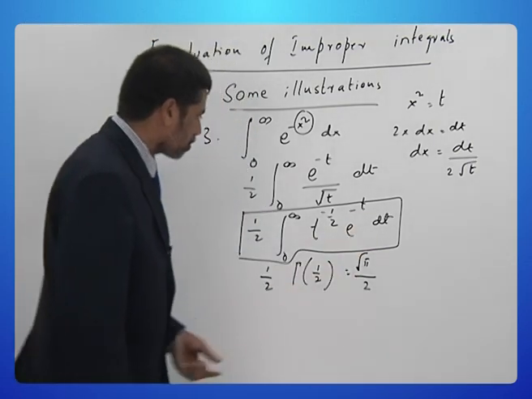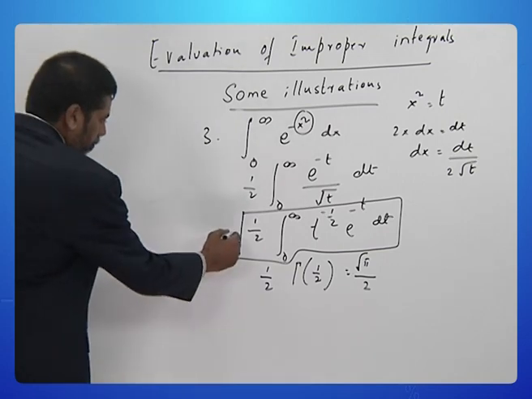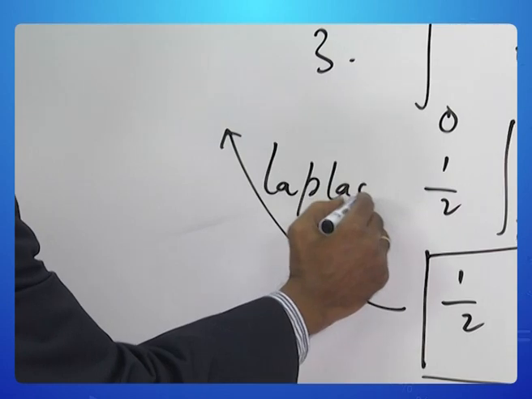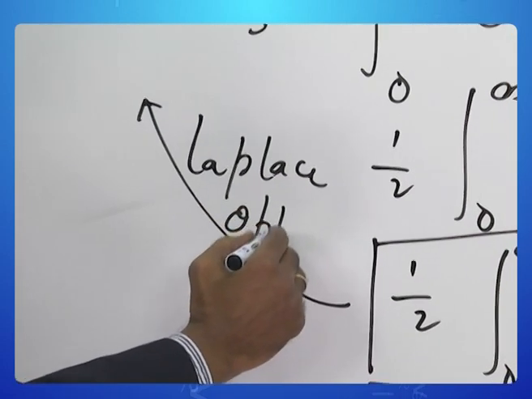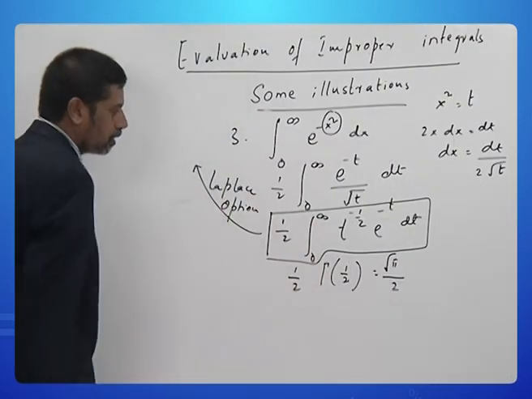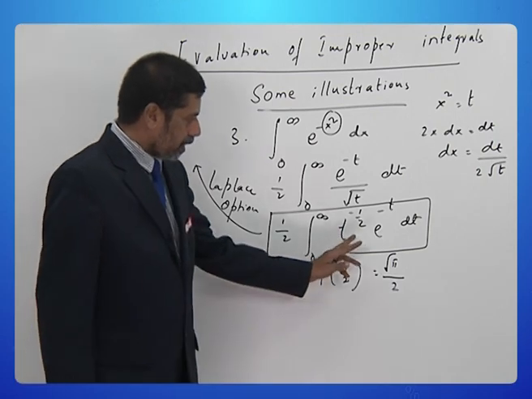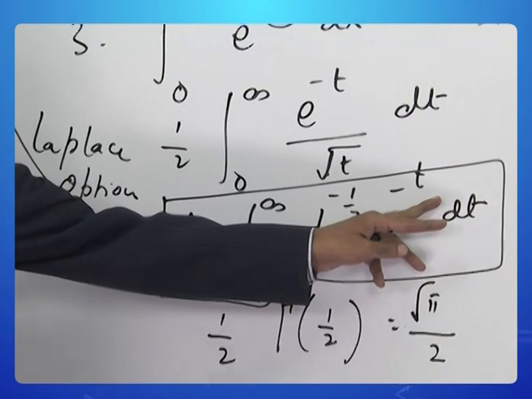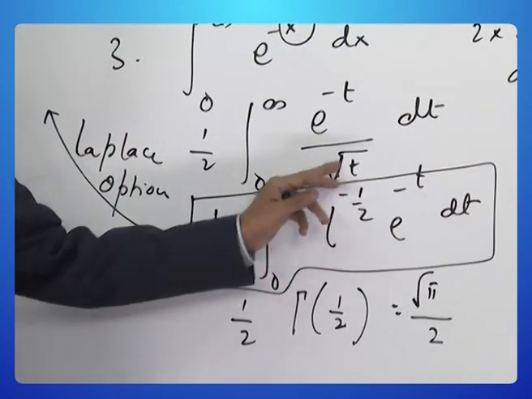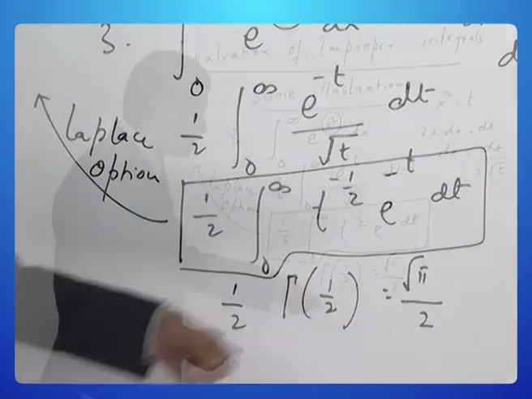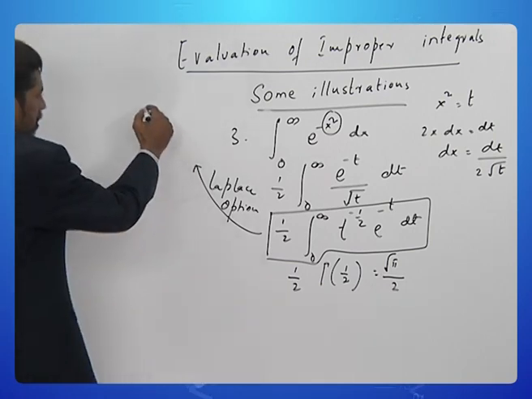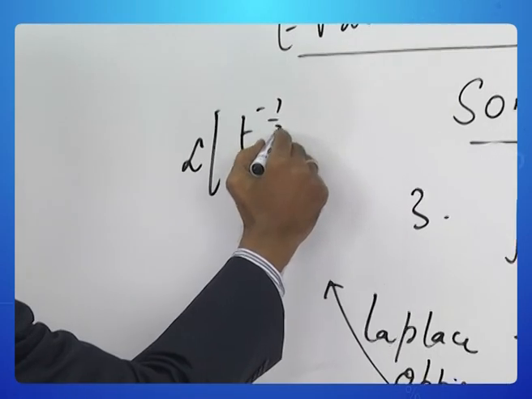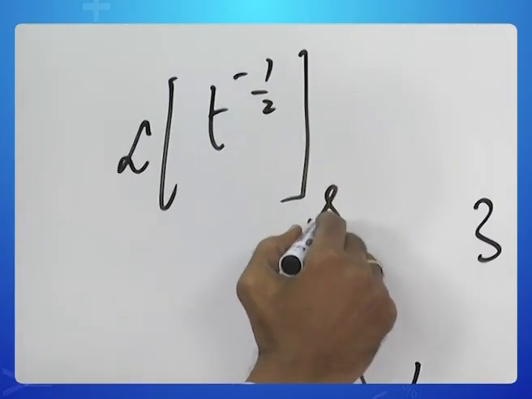If it's the Laplace option, then this looks like integral f of t e power minus st. So the choice of s will be 1, but we need to find the Laplace transform of t power minus half.